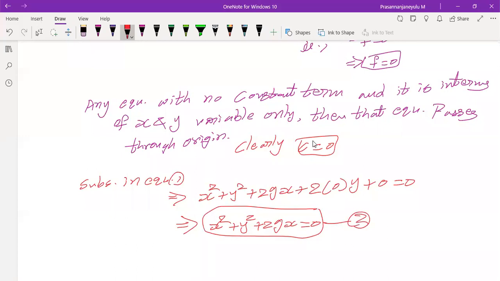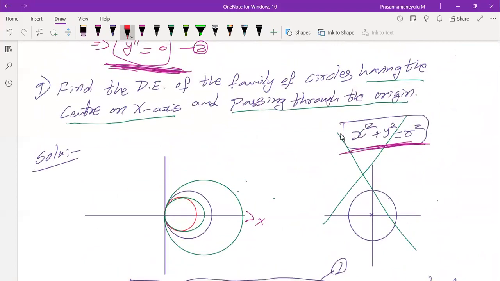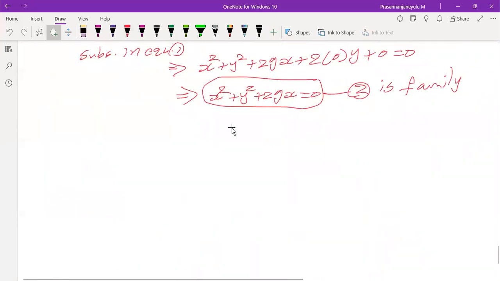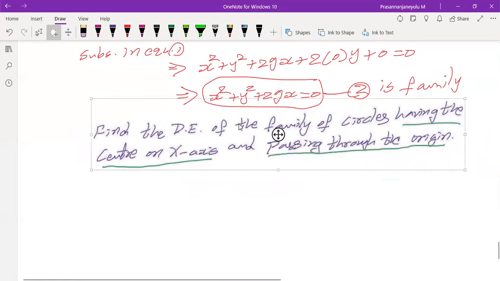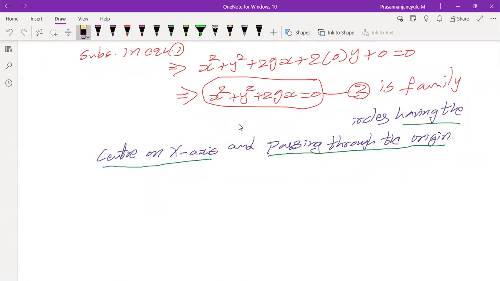Equation number 2 is the family of circles with centers on the x-axis and passing through the origin.